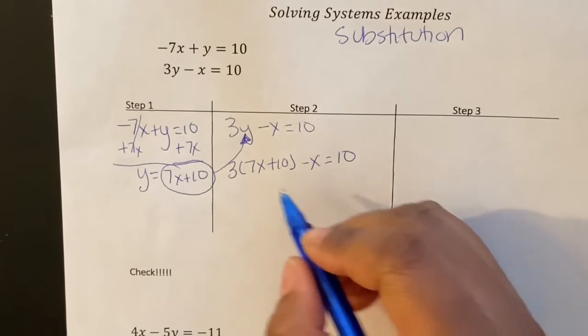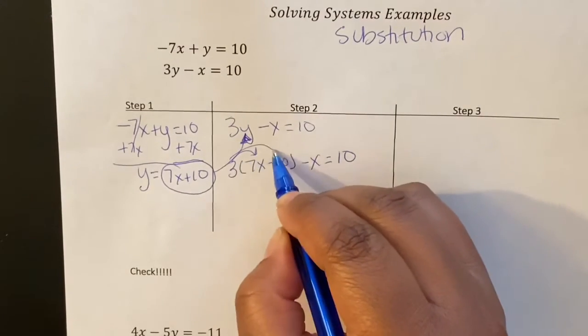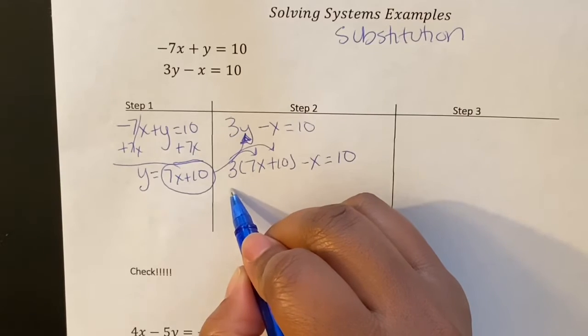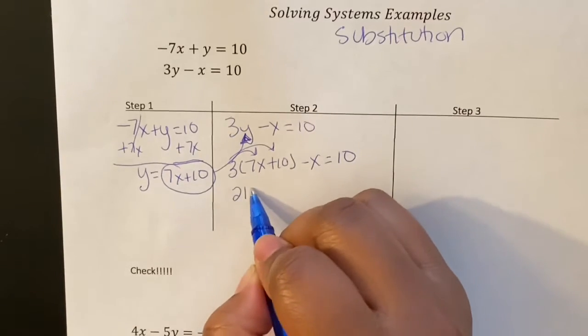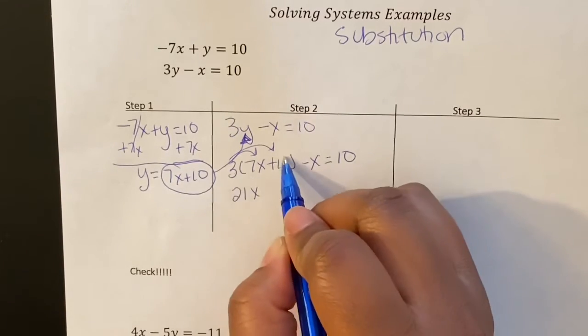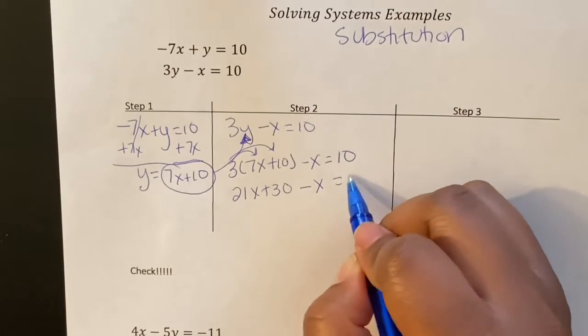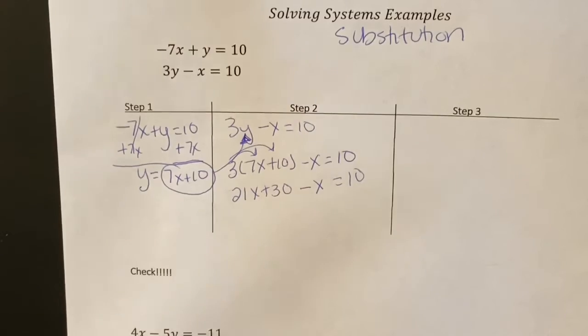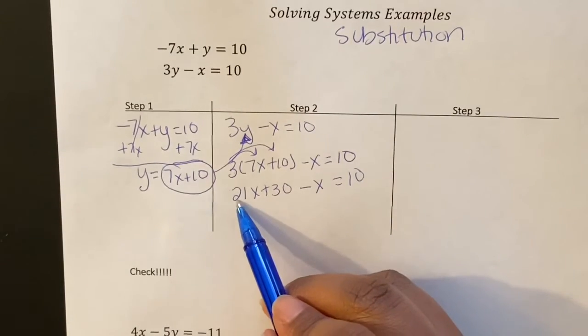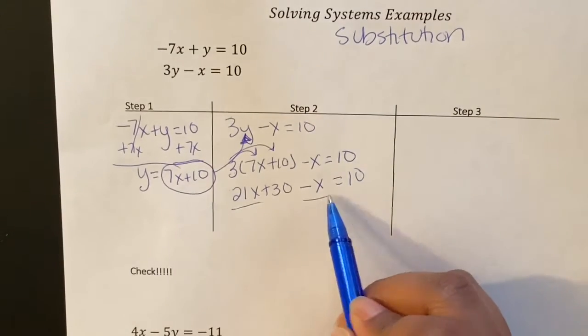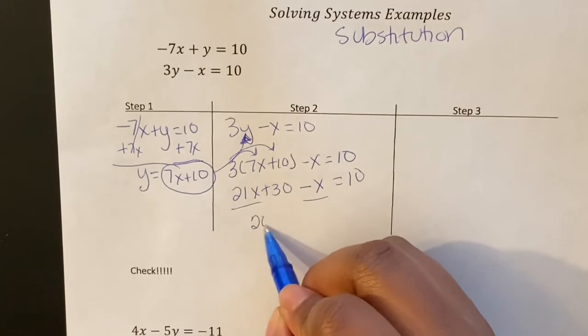Now, I'm going to do my distribution. 3 times 7x is 21x. 3 times 10 is 30. Minus x equals 10. Now I have to combine my like terms. 21x minus 1x is 20x.